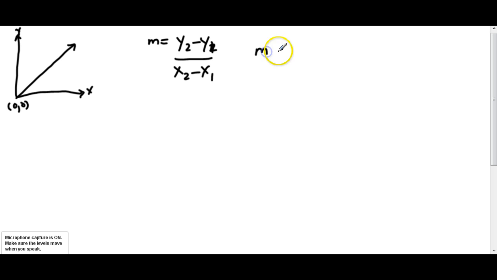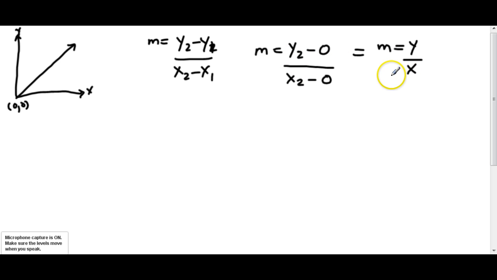So we could expand this and say that the slope is y2 minus 0 over x2 minus 0. Now anything minus 0 is just itself, so the slope is just equal to y over x, because y minus 0 is y, x minus 0 is x.